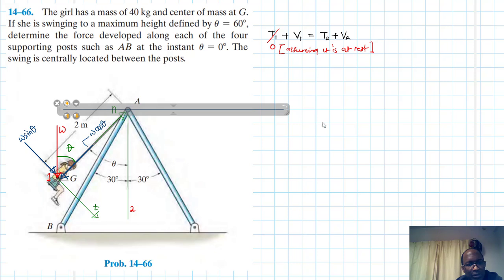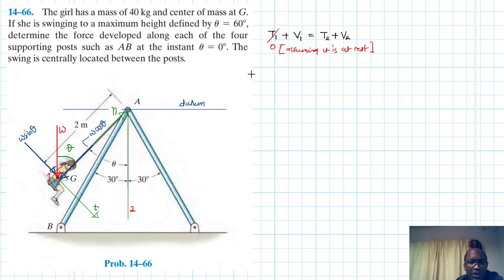I place it where it's supposed to be. There. Okay, so this is my datum. This is quite very important, especially when you are defining your gravitational potential energy. So this is my datum.